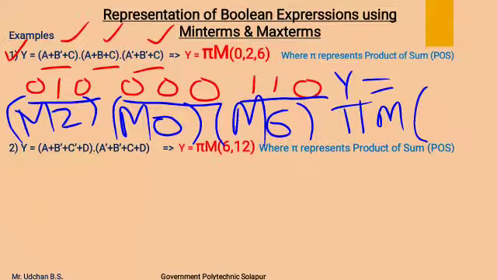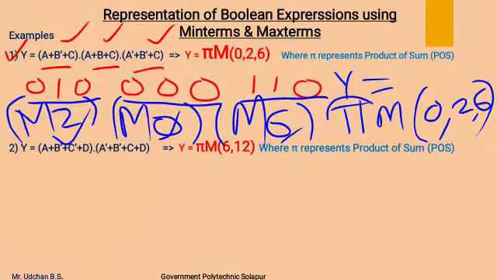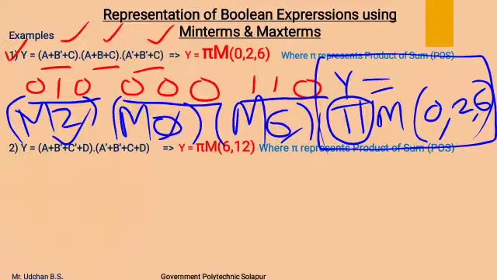Again I will write these numbers in ascending order, that is 0, 2 and 6, and here this pi represents that the given expression is in POS form, that is product of sum form.